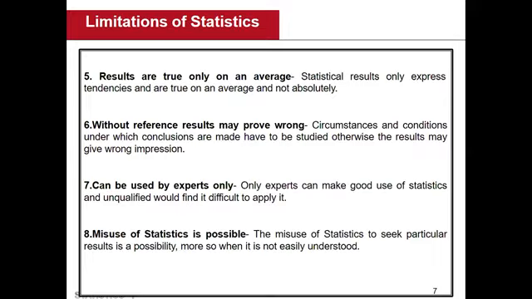The circumstances and conditions under which conclusions are made have to be studied, otherwise the results may give a wrong impression. If there is a reference, there are chances to accept. Without reference, many times the decisions or results will give you wrong impressions.